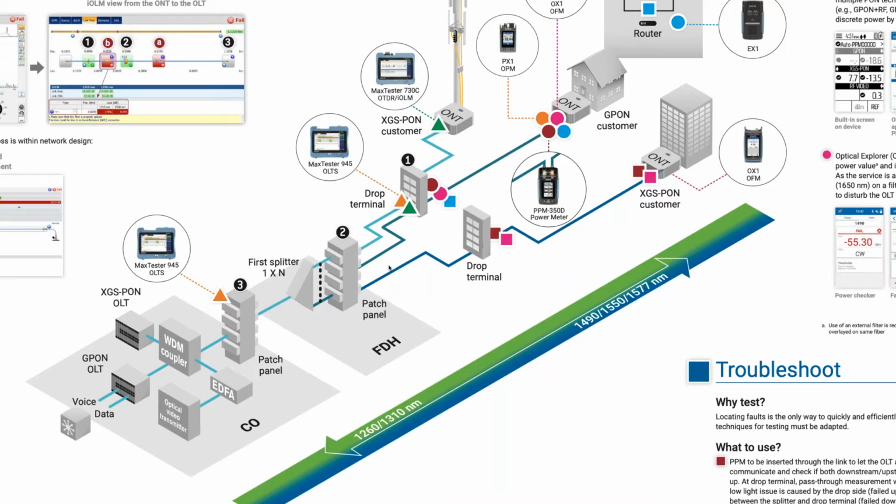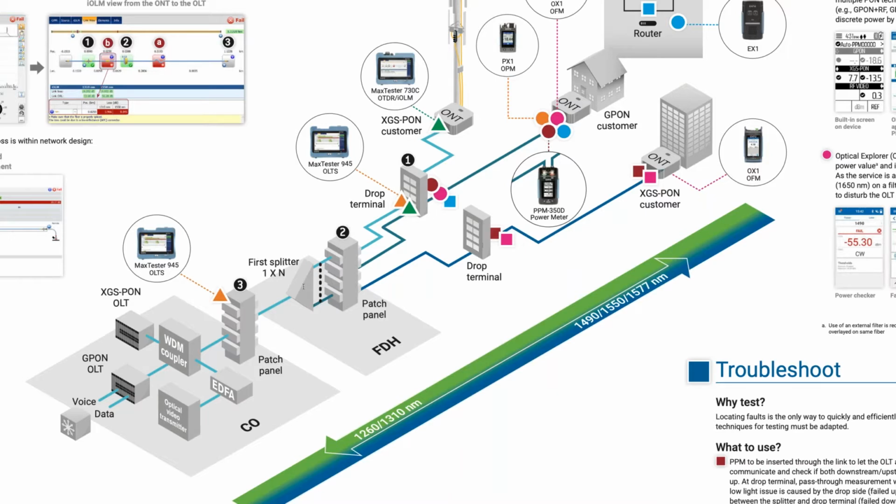Now, there's a decision tree that I always discuss with PON testing that makes it pretty simple. In this scenario, we can see I have 2 customers coming off of this, we'll say, 1x4 splitter. If both of those customers have an outage, then we can make some determination of that.